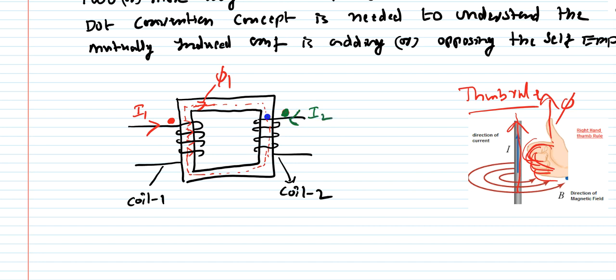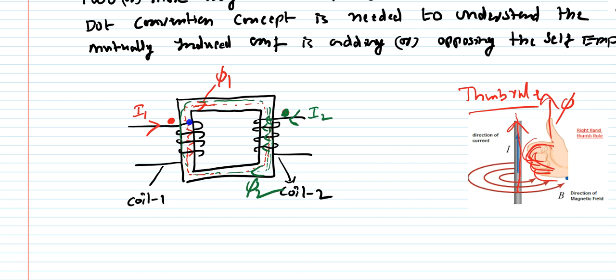According to this thumb rule, if you hold this coil with the current direction, you can come to know that this is also a direction of flux. This is the direction of flux phi 2.